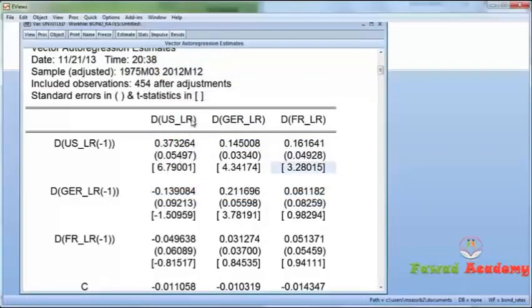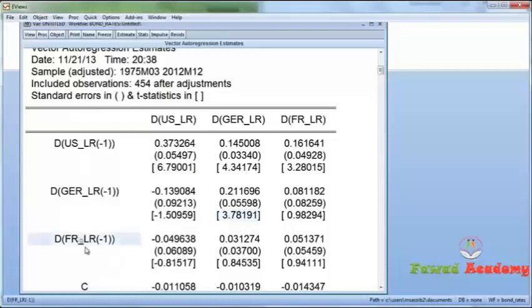3 equations. Now let's look at the 1 period German lag. Turns out this is only significant in the Germany equation. Okay, so the change in the German long rate from 1 period ago only has an influence on this period's rate change in Germany.